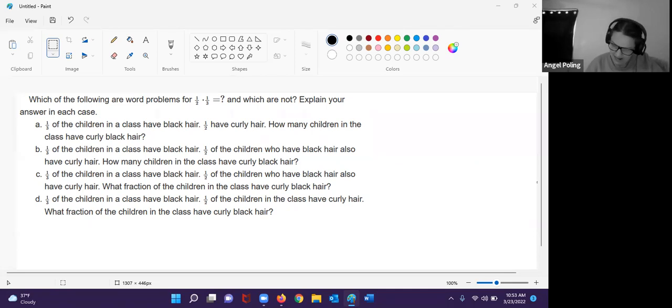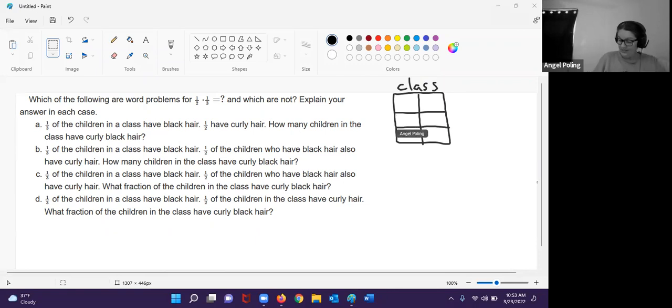We can't actually answer this question. For all we know, we have the class, and we could have, in terms of thirds and halves, 1/2 of the class having curly hair.